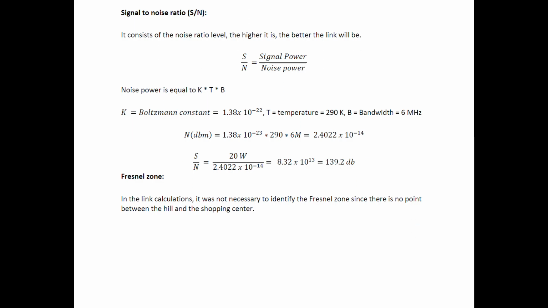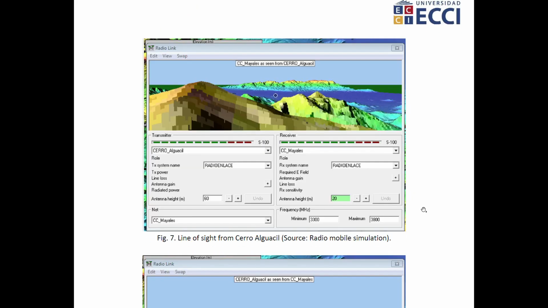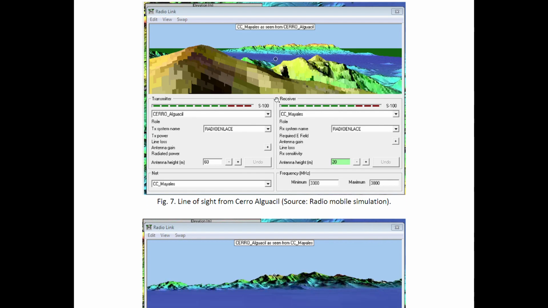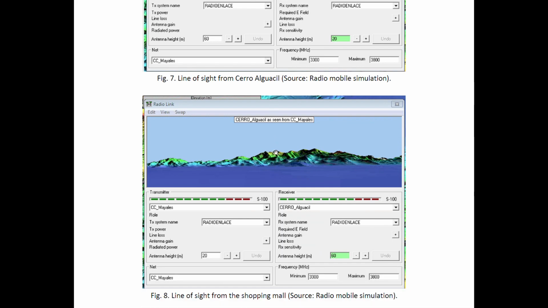For the Fresnel zone, in the link calculations, it was not necessary to identify the Fresnel zone because there is no issue with the line of sight. So we can see in the simulation that there is a perfect line of sight. For example, this is the simulation from the hill to the city, and this is the other side from the city to the hill.